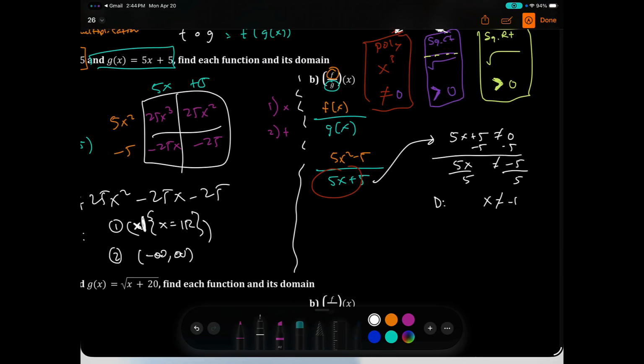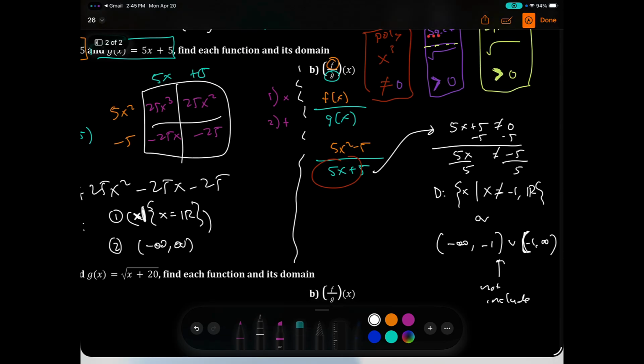So our domain is all values of x such that x cannot be -1, and then all real numbers after that. Or you can say something like -infinity to -1, but the parentheses means not include. And then we're going to unify that with -1 to infinity. Those should be parentheses.